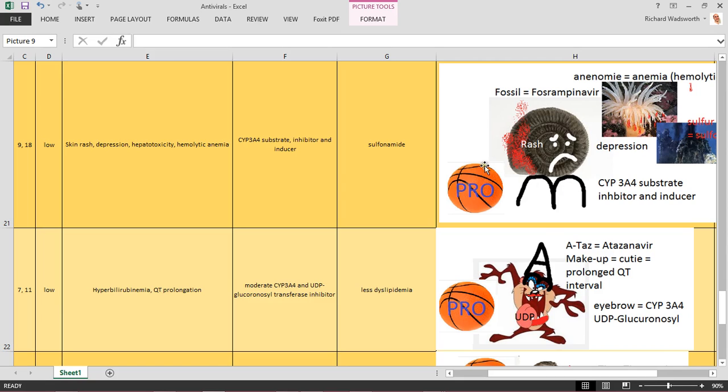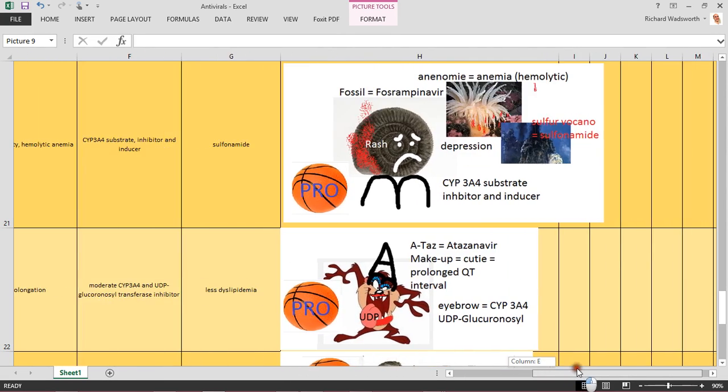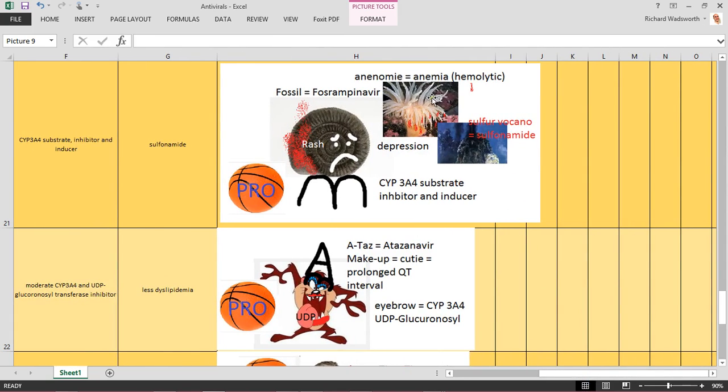It's depressed because it realizes that because it's a fossil, it will never be a pro basketball player. And so it goes and lives with its friends, the anemones, who drift among the underwater sulfur volcanoes. So the anemone stands for anemia, hemolytic anemia, and the sulfur volcano stands for sulfonamide. Sulfur volcano, sulfonamide fossil.